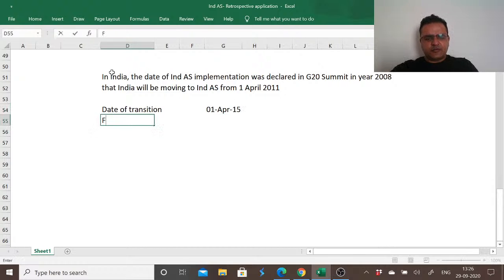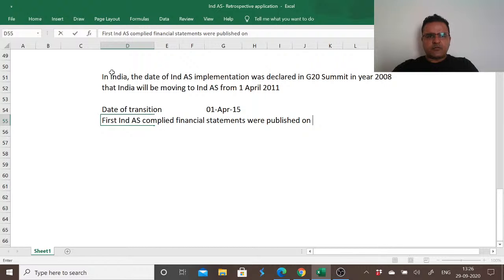The first Ind AS compliant balance sheets for financial statements were published on 31st March 2017.